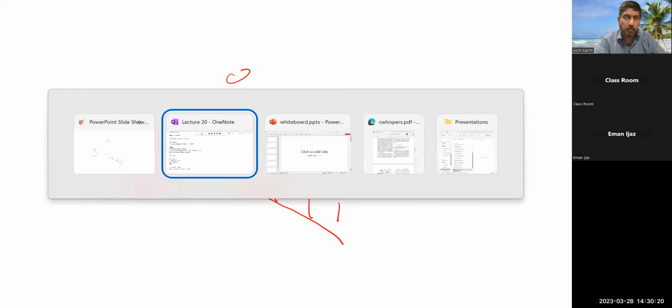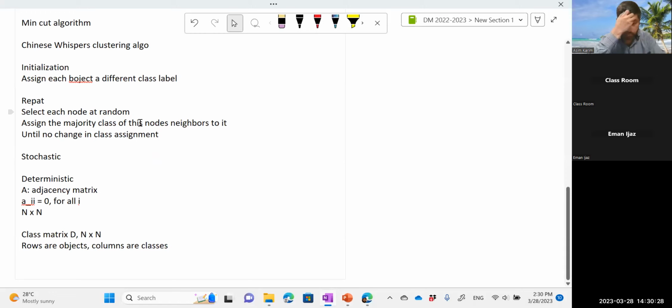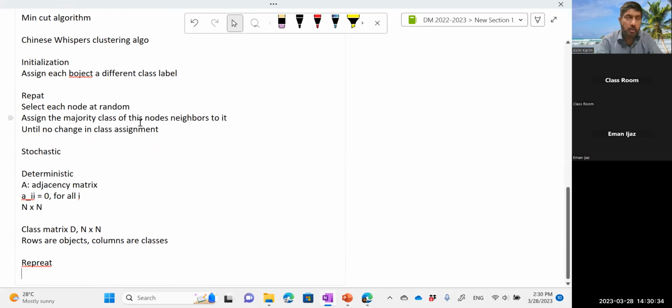So originally this is your matrix, which is basically the class assignment matrix, or cluster assignment matrix, for the data. And then you apply the algorithm, which is again a simple algorithm, now using matrix operations rather than operating directly on the graph. So basically what you do is you repeat as before.